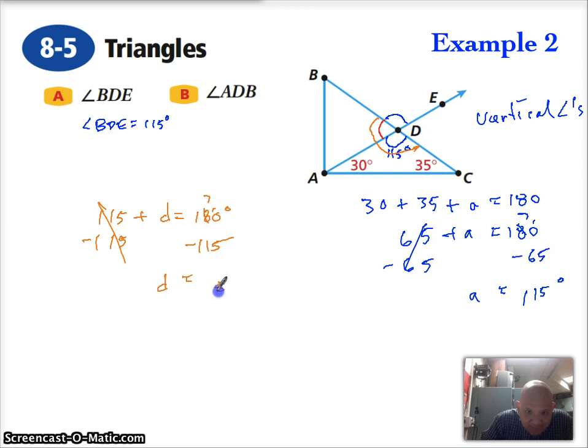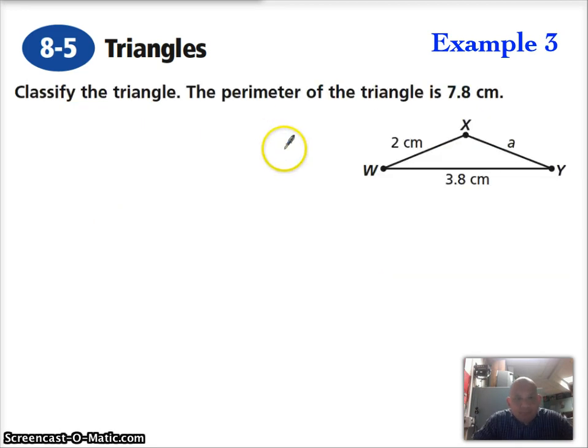You get a 5 here, and we get 65 degrees. So this, in itself, BDE, or I'm sorry, angle ADB equals 65 degrees.